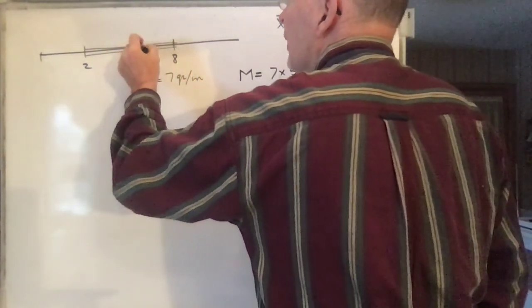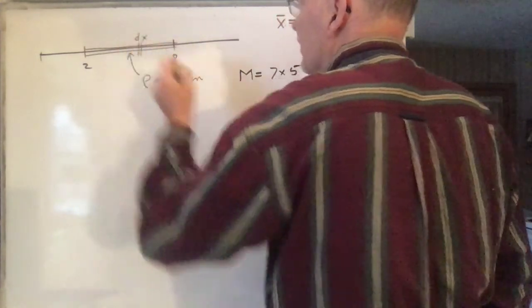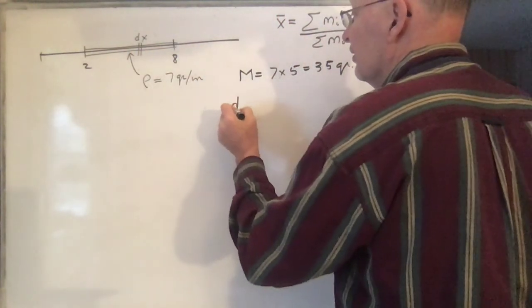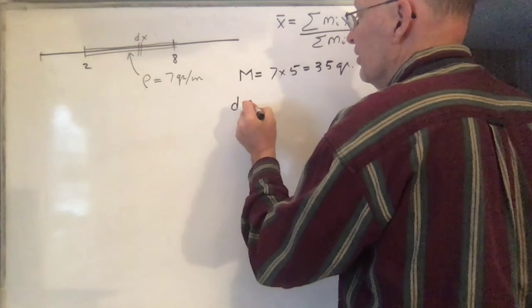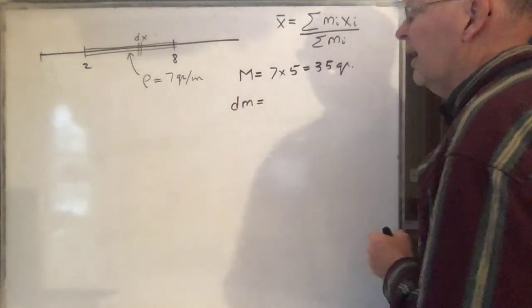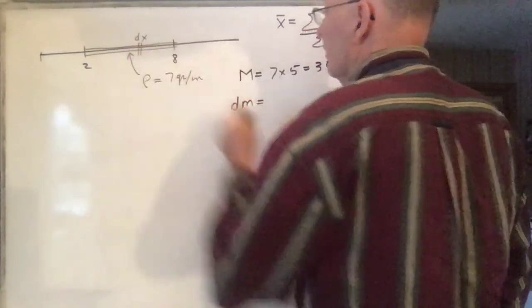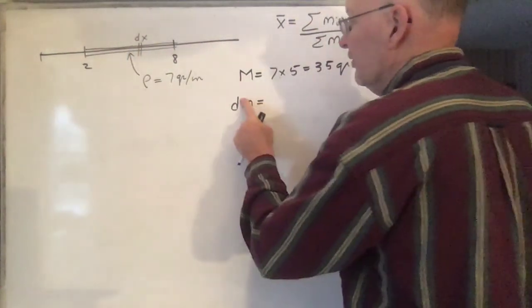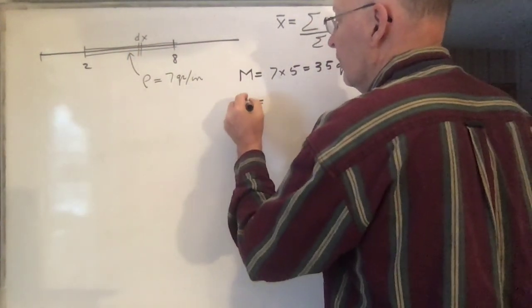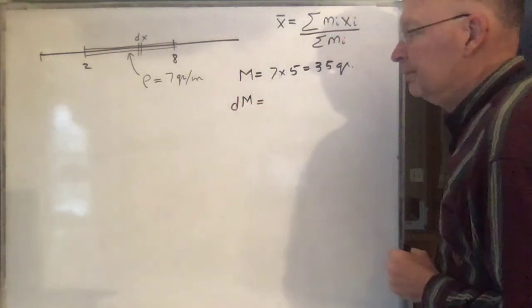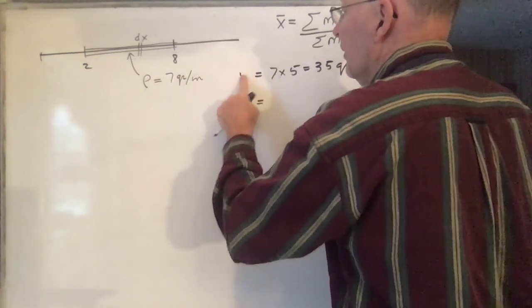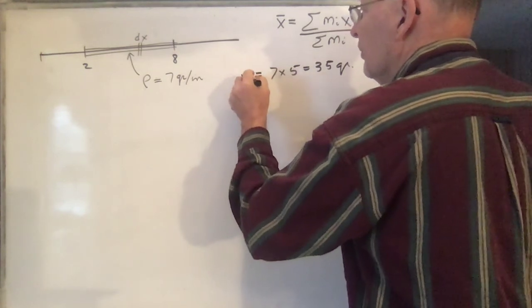Another way to get that is to say, given a tiny little measure, a little tiny dx right there, then a little tiny unit of mass, I guess I'll use a capital M since I used a capital M up there. Oh no, I'm sorry. Let's let capital M be the moment, and let's let this be the mass.